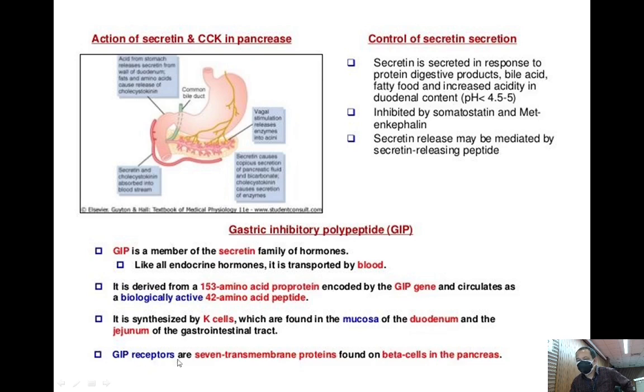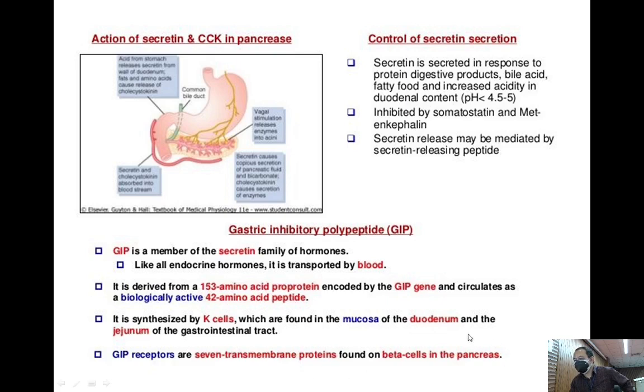Now GIP is the only hormone that has the ability to stimulate the beta cell in the pancreas and cause the secretion of insulin in a physiological dose. All these other hormones have the ability of stimulating the beta cell, but they cannot cause secretion of insulin in a physiological dose. It's only gastric inhibitory polypeptide that has this role.